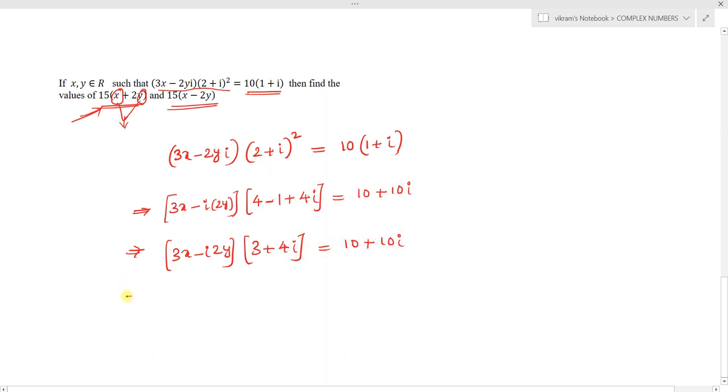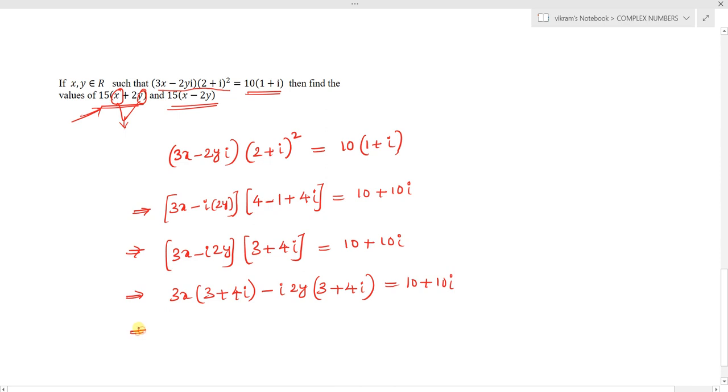Further simplify this: 3x into (3 plus 4i) minus i times 2y into (3 plus 4i) equals 10 plus 10i.